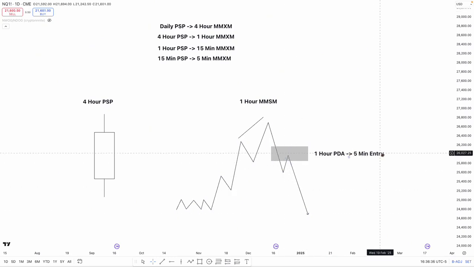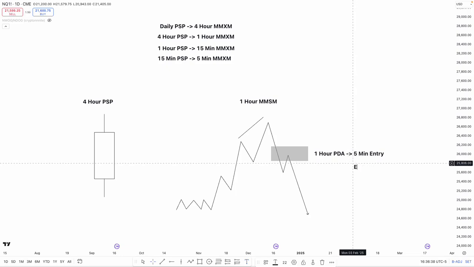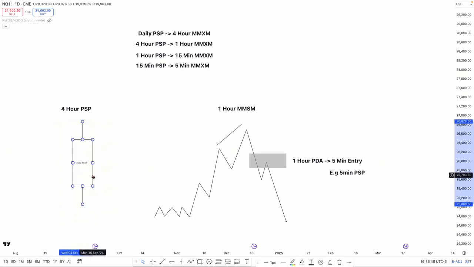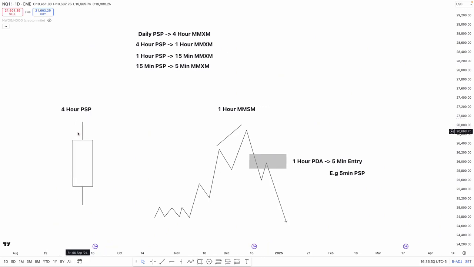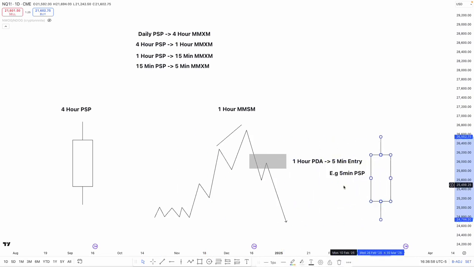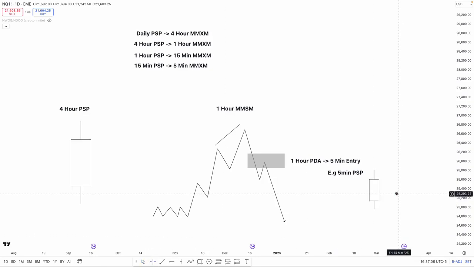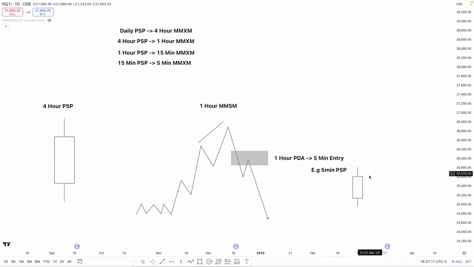So this may be a 5-minute precision swing point. And then what could be inside of our 5-minute precision swing point? Well, we would have a 1-minute market maker model.